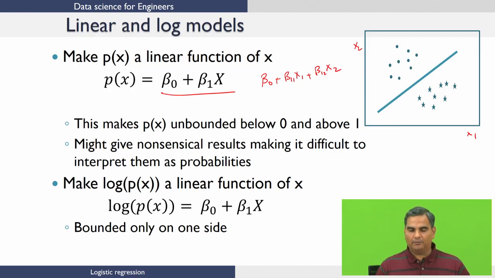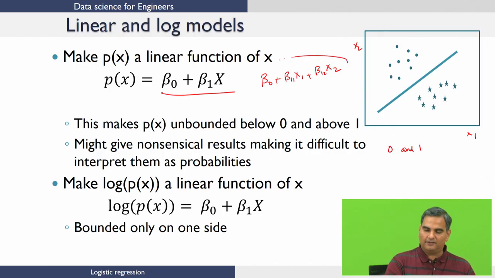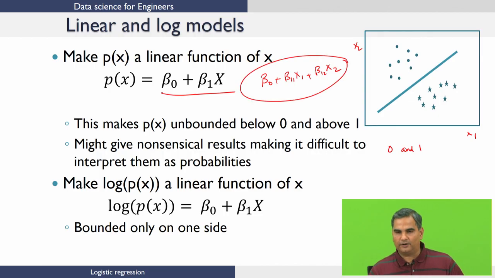Now, one idea might be just to say this itself is a probability, and then let us see what happens. The difficulty with this is that this p of x is not bounded because it is just a linear function, whereas you know that the probability has to be bounded between 0 and 1. So, we have to find some function which is bounded between 0 and 1. The reason why we are still talking about this linear function is because this is the decision boundary.